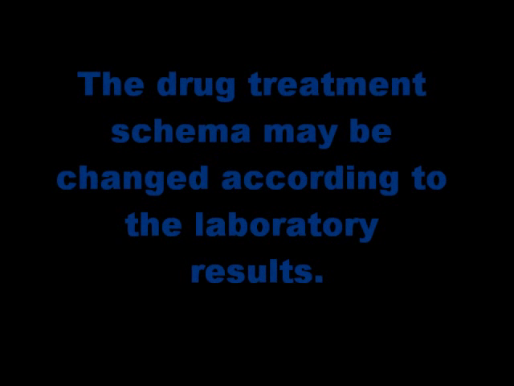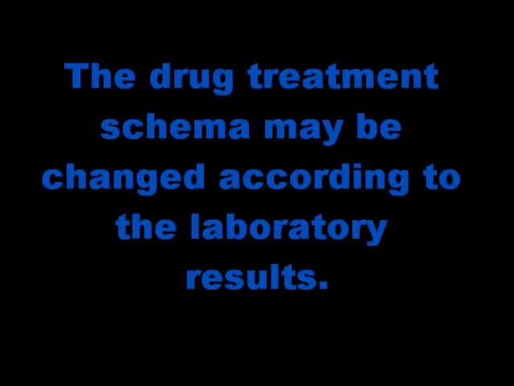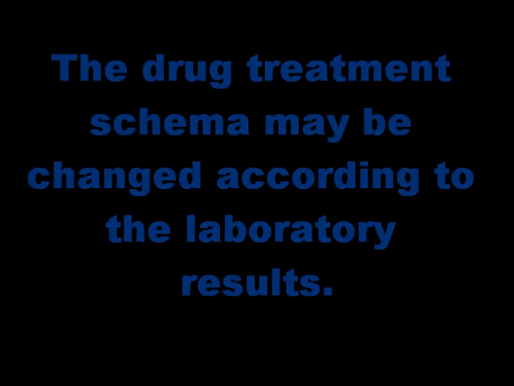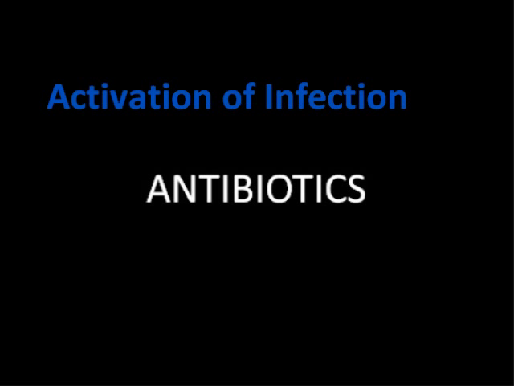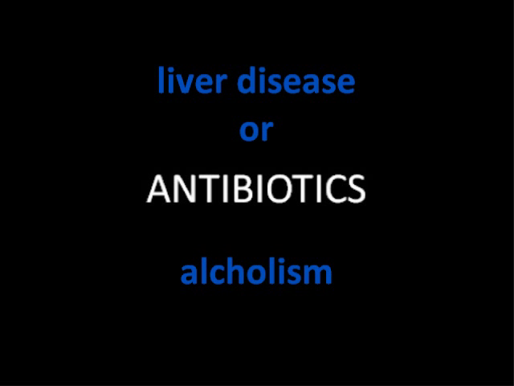The drug treatment schema may be changed according to the laboratory results. Antibiotics are very helpful in preventing the activation of infection. However, they may not be taken during pregnancy or by people who are suffering from a liver disease or alcoholism. Moreover, several side effects have been reported to be life-threatening.